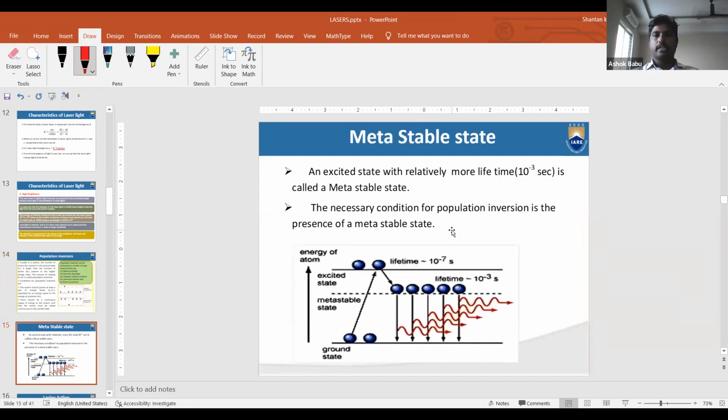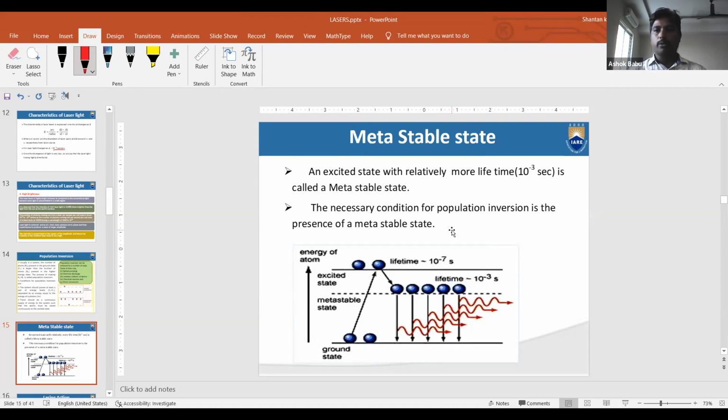Now the metastable state. What is its purpose? The energy level where atoms spend maximum time is called the metastable state. Its purpose is to achieve population inversion, and it plays an important role here.